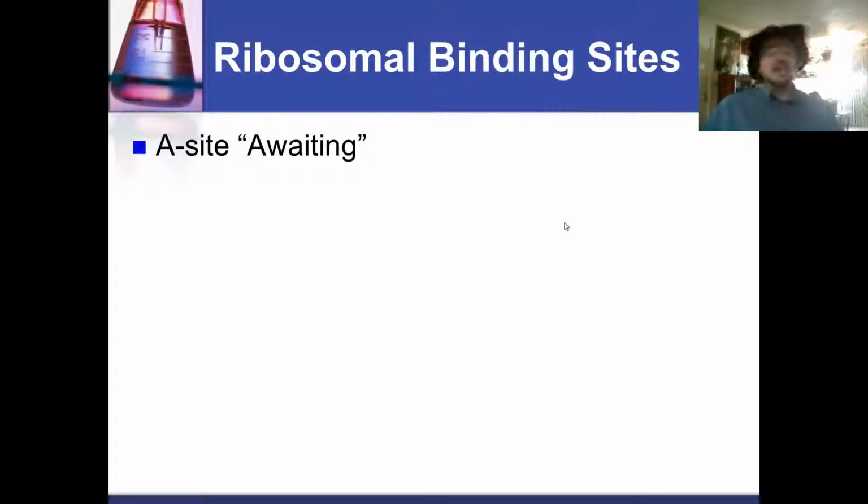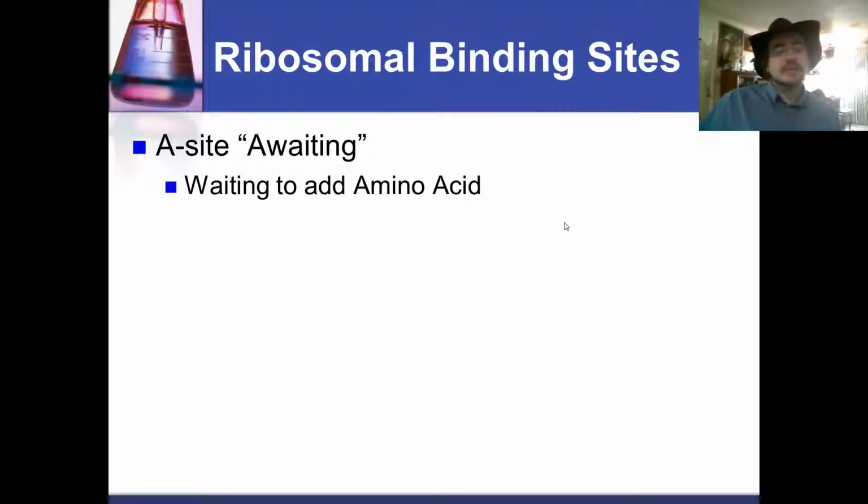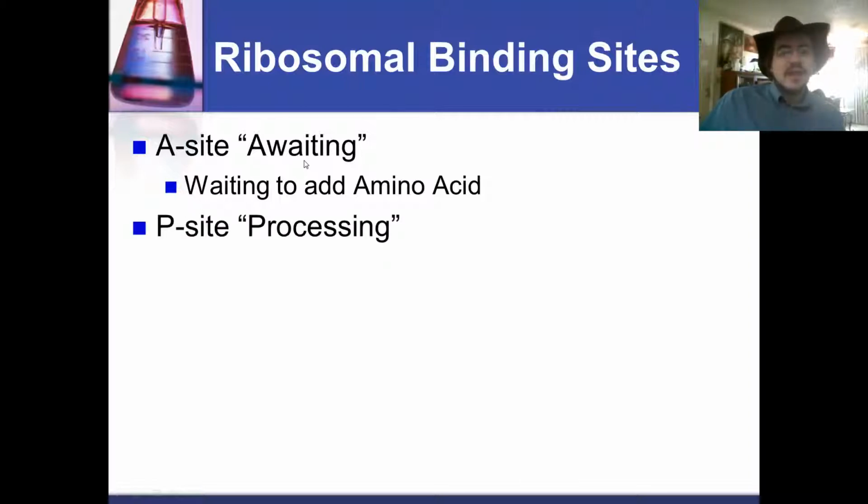I like to call it the awaiting site, where a tRNA is awaiting to become part of the polypeptide chain. So it's waiting for its amino acid to be added to the chain. The next site is the P site, which I call the processing site, where we take the tRNA at the P site and add its amino acids to the chain.